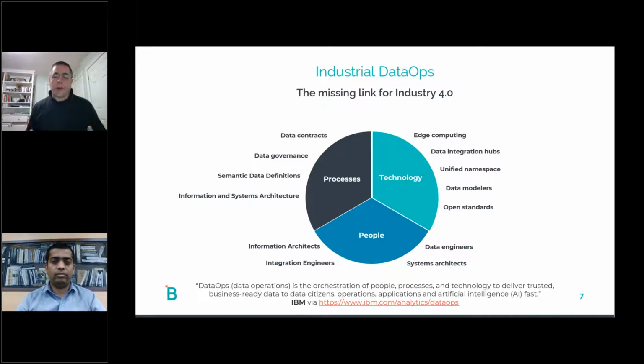It also requires changes to the team. In the past, many OT teams were really focused on process engineers, controls engineers, quality engineers, electrical and mechanical engineers. Now what we're seeing on the OT side are people like information architects or integration engineers and data engineers and systems architects.